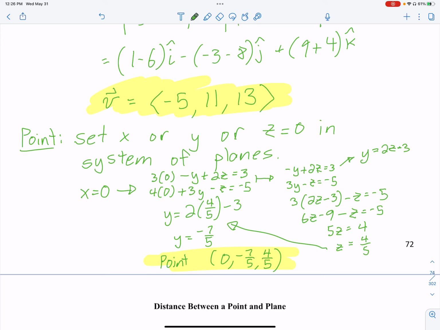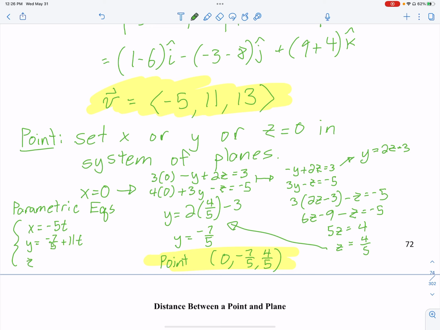Right? And then we're going to write our parametric equations for our answer. So x equals, I use the point, which is 0, plus the negative 5t. Y is going to be the point, negative 7/5, plus 11t.